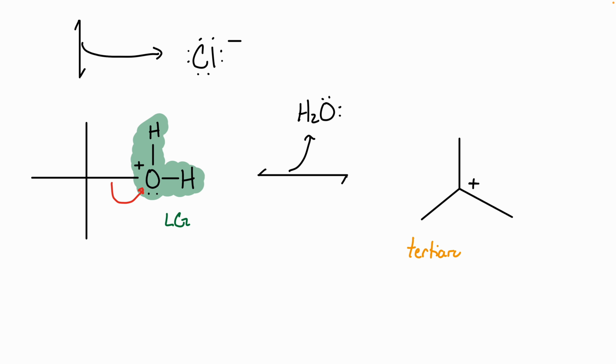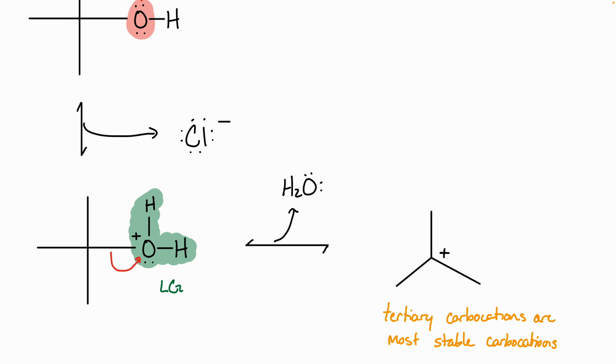All right, and that's because our tertiary carbocations are the most stable carbocations. And what do we know about carbocations? Are they nucleophiles or electrophiles? They're electrophiles. They're really good at accepting electrons because they have an incomplete octet. All right, we've got a water molecule that's neutral and this negatively charged chloride floating around.